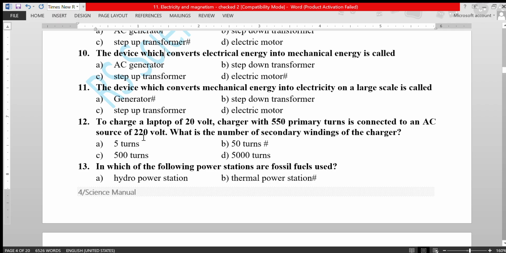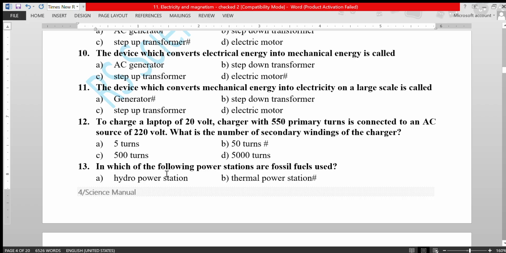The secondary voltage and primary voltage: how much times this? Secondary is 11 times less than primary, then secondary turns should also be 11 times less than primary. So if we divide this by 11, it comes 50.